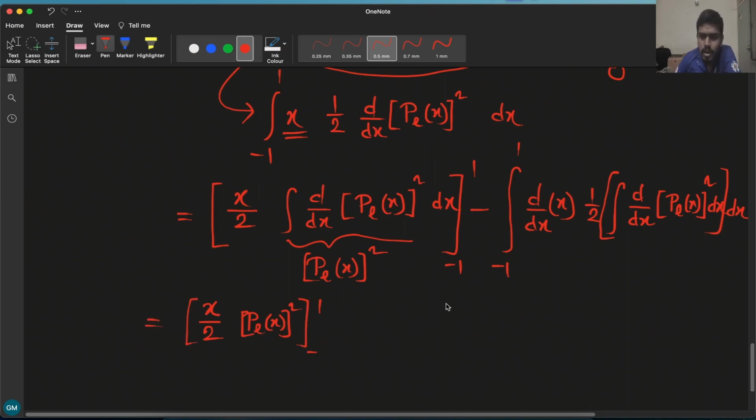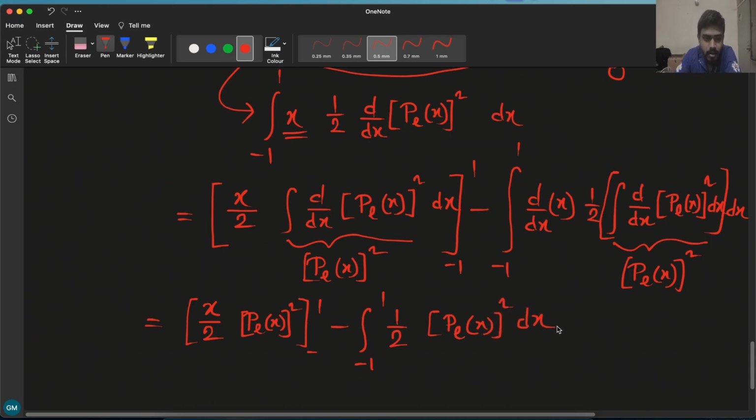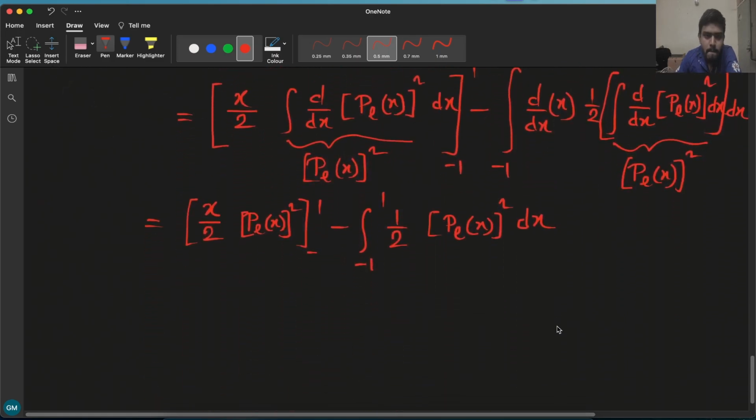In the second term, d/dx of x is 1, so the half is there, and the integration is just P_l(x) whole square dx.